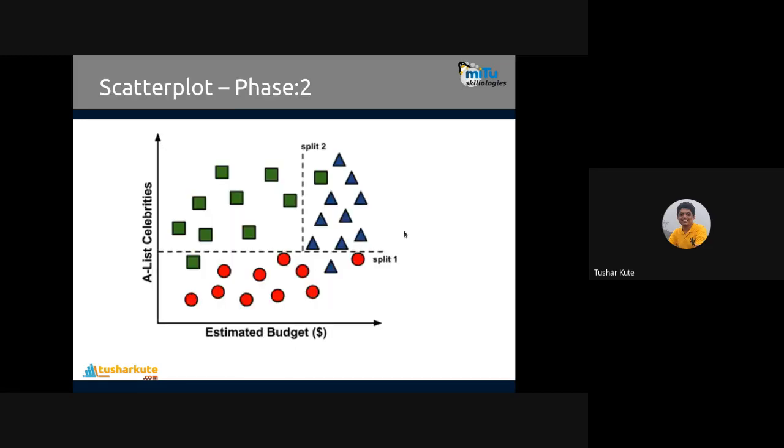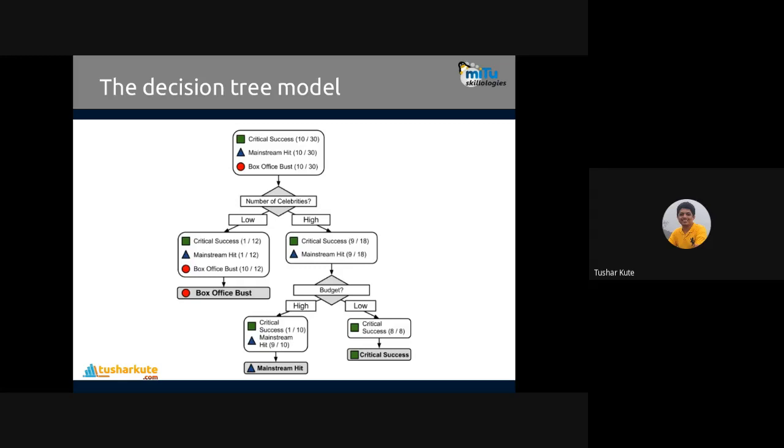So in the above plane, you can see again 2 classes are there. So we'll apply the second criteria in the second plane, that is the budget of the movie. See this budget of the movie. What's a budget? High or low? Correct. When budget is high, we are doing a split again on the second axis, that is on the x-axis.